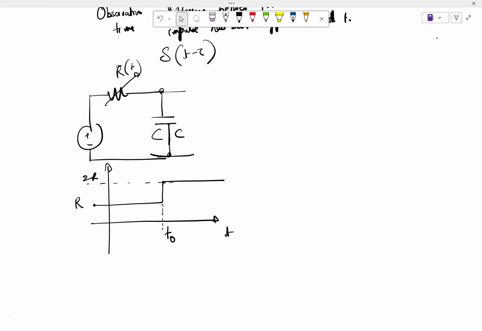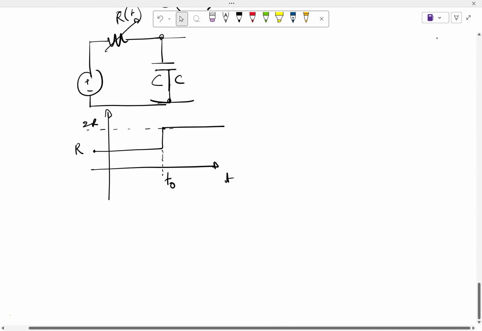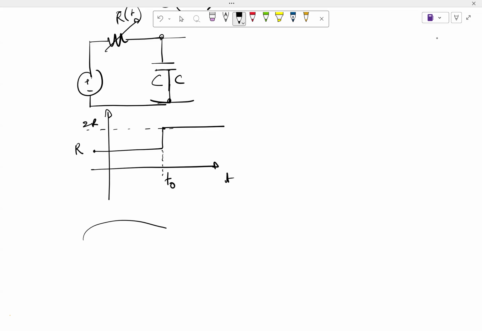And I need to develop a framework in which if I apply any arbitrary signal, I should be able to find out the exact response at any time t. Correct? So for that, what is the first thing that I need to know about the system?